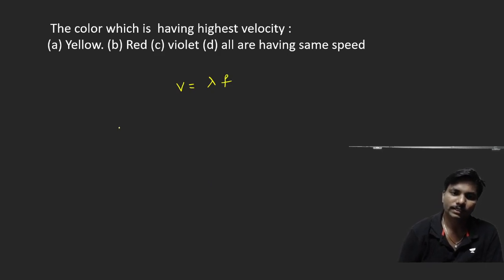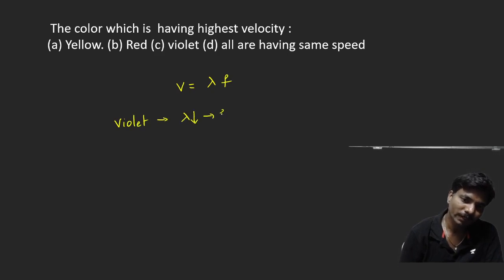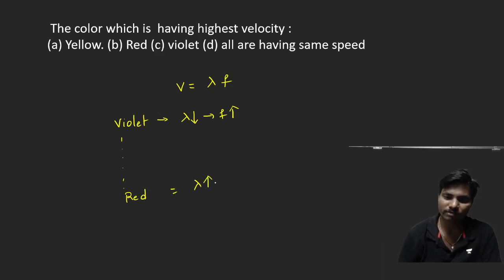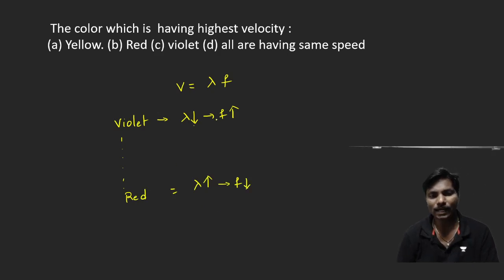For example, violet has a low lambda but high frequency. In the same way, red has the highest lambda, that is, more wavelength and less frequency. One is low, one is high, and here one is high, one is low.